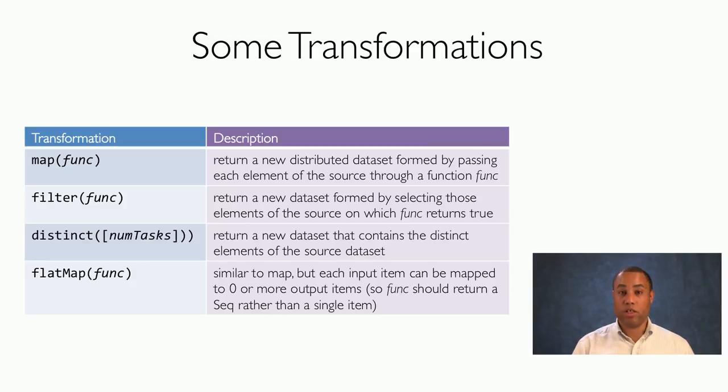And the distinct transformation returns a new data set that contains the distinct elements of the source data set. The flatMap transformation is similar to map, but each input element can be mapped to 0 or more output elements. So this means that your function should return a sequence rather than a single item.